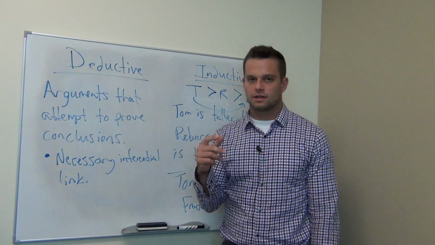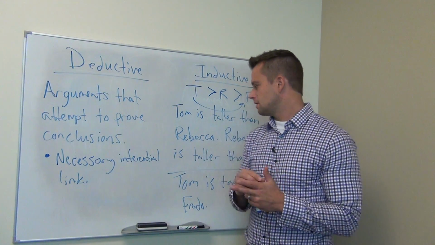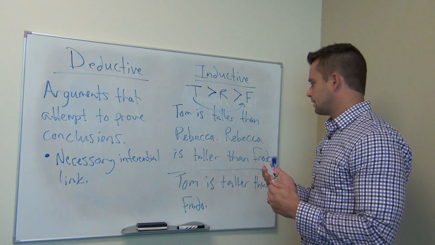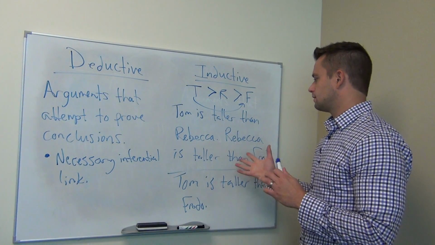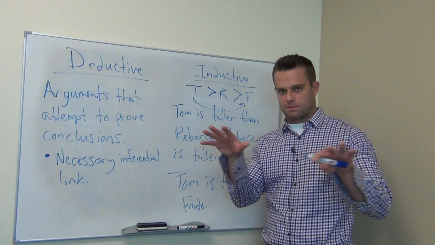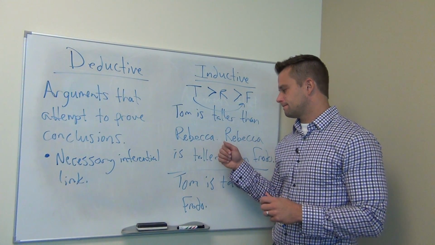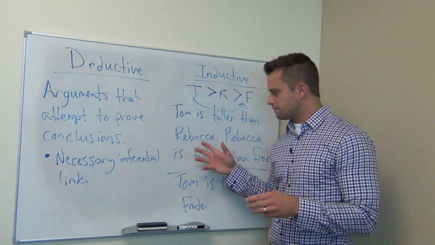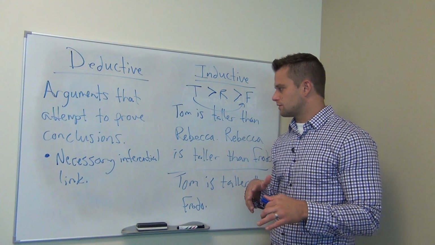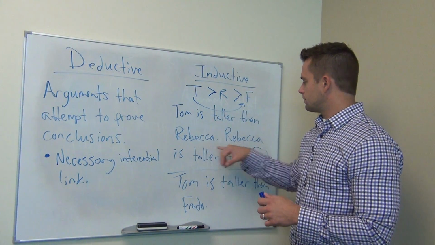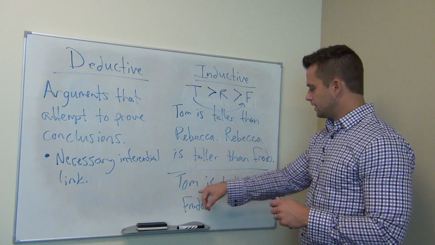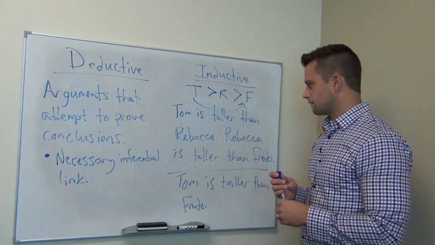But again, in this form, it's still a valid form. We'll talk about hypothetical syllogism later. But Tom being taller than Rebecca, Rebecca being taller than Frodo, Tom is of necessity taller than Frodo.